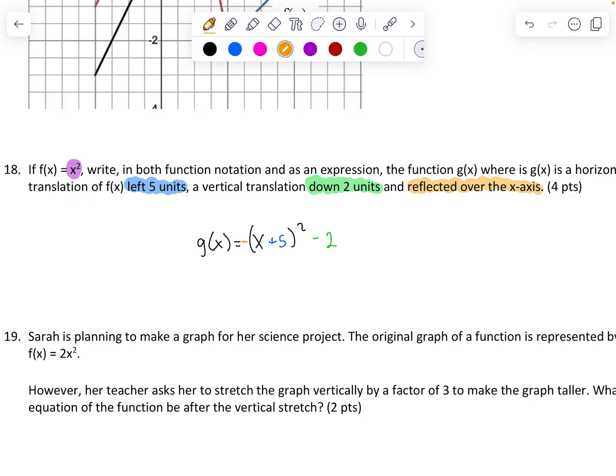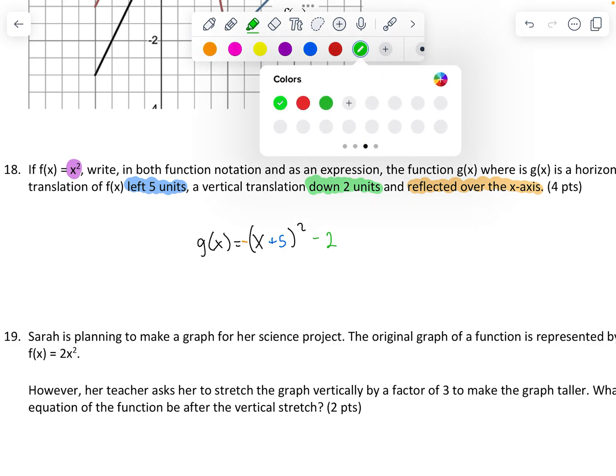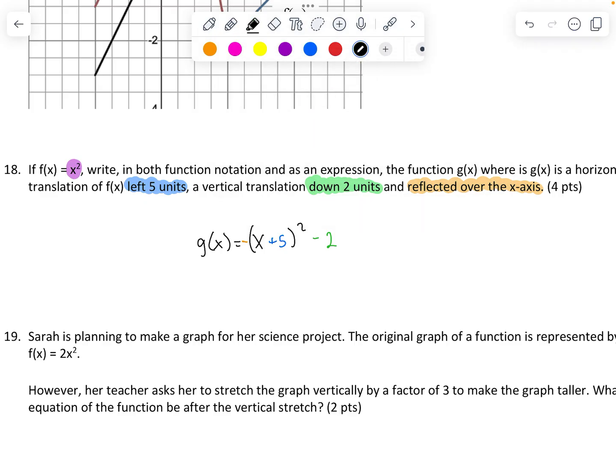And so that is when it's an expression. So that's as an expression written in black. And then we need function notation. That's where you write it in a more generic way where it applies to all graphs ever. So g of x equals, instead of using squared, we're going to use just generically f.